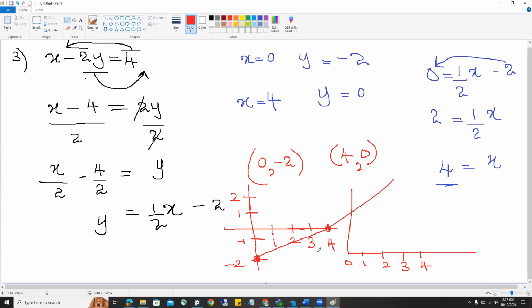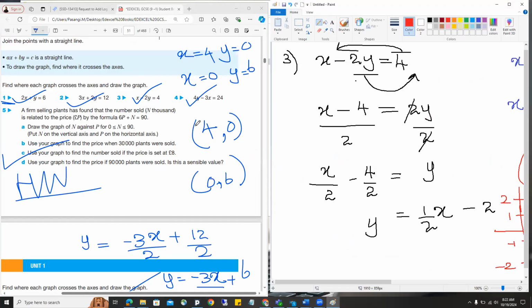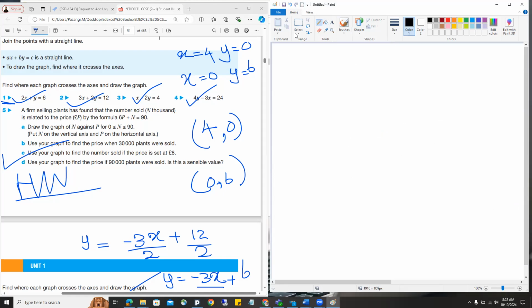Miss, shall I also tell the fourth one? Yes, you can start with the fourth one. The fourth one, it is x plus y... y is equals 0 when x is equals -6. Okay.